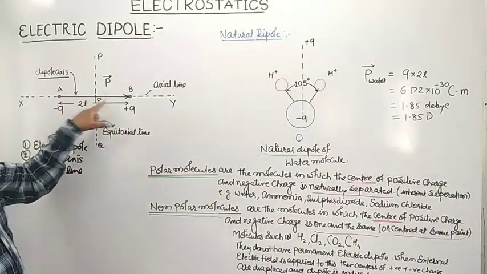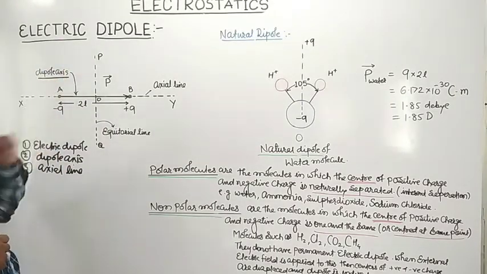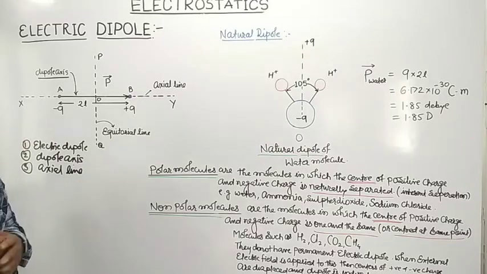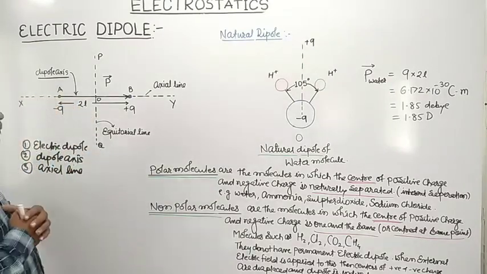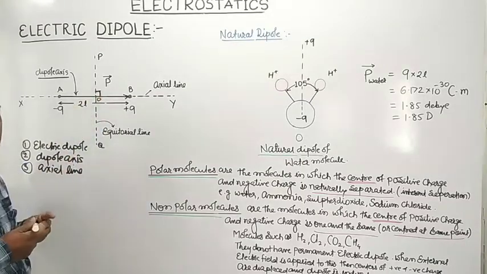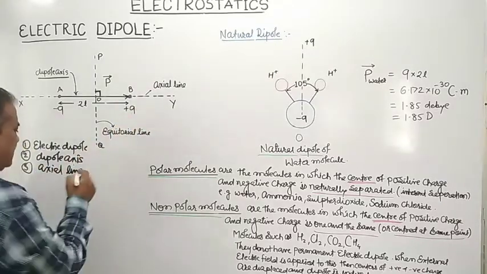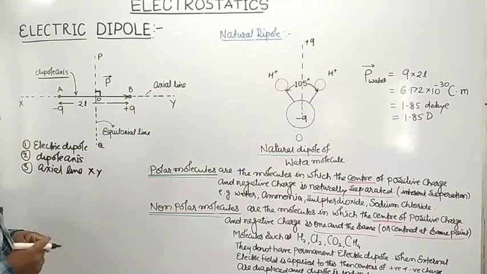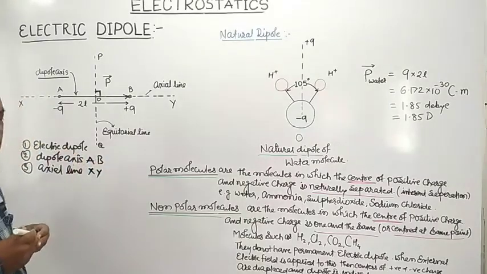In this figure, O represents the center of the dipole, and PQ is a line passing through the center of the dipole O and perpendicular to the axial line. XY represents the axial line, and AB is the dipole axis.